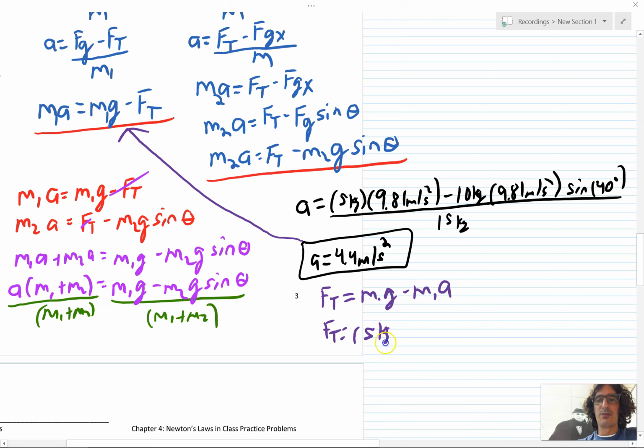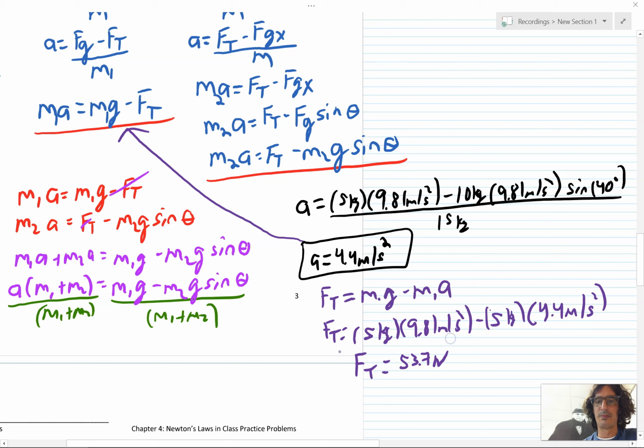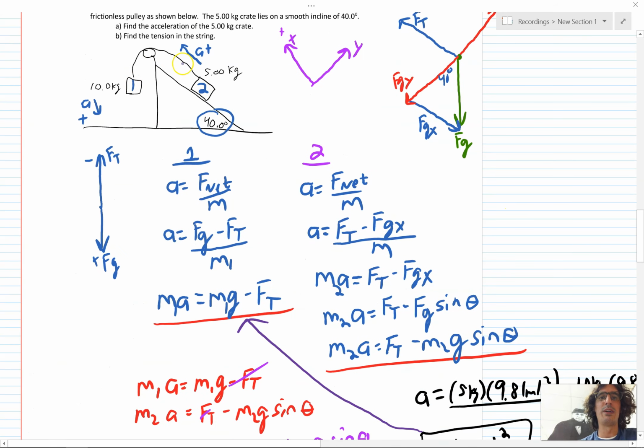We'll plug and chug: 5 kilograms times 9.81 meters per second squared minus 5 kilograms times the acceleration of the mass, 4.4 meters per second squared. We get for the tension force to be 53.7 newtons. And that's the tension force of 1 on 2.